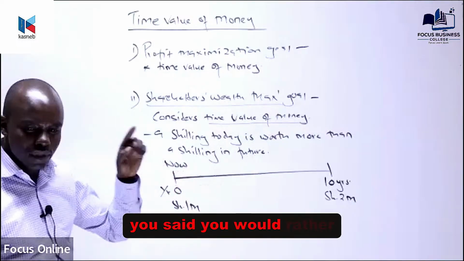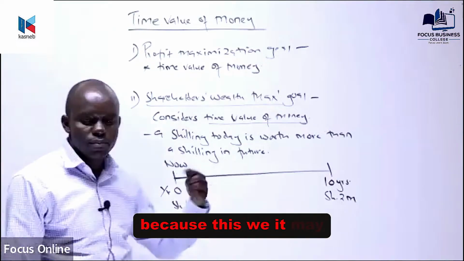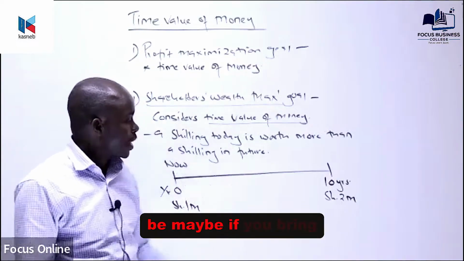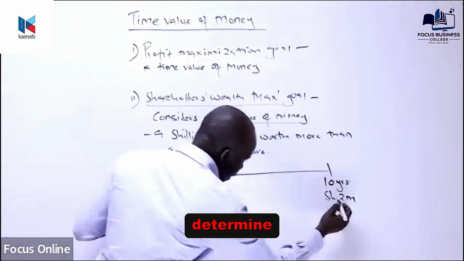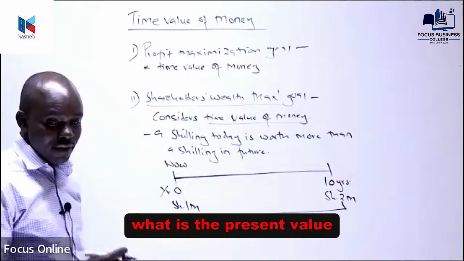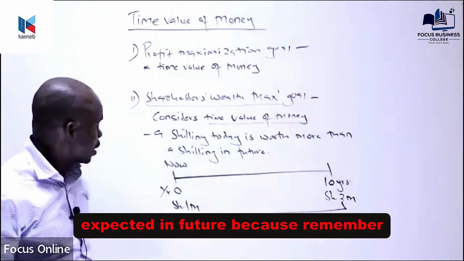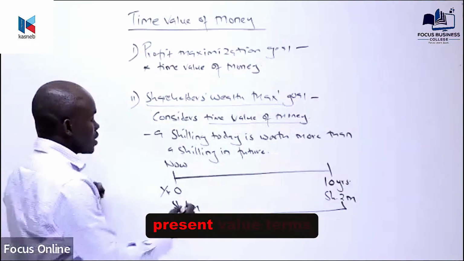You said you would rather go for the 1 million because, maybe, you determine what is the present value of 2 million shillings expected in future. Remember, this 1 million is in present value terms.